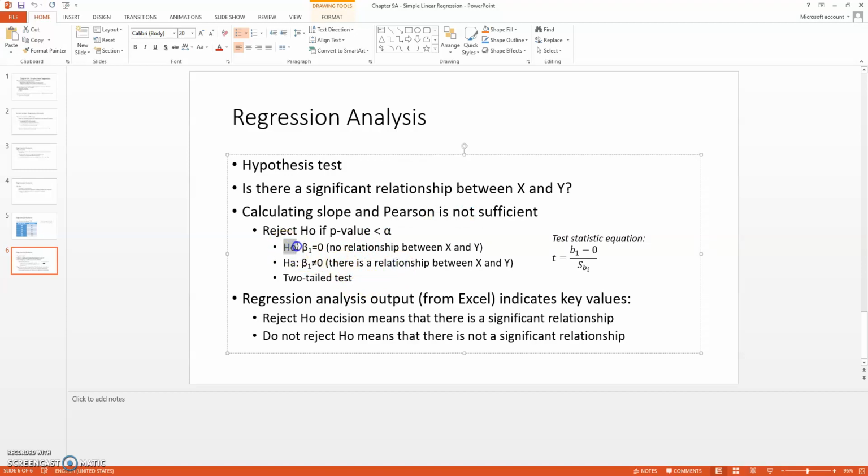The null hypothesis is that there is no relationship, so the slope of the population equals 0. We test to see if there is a relationship, if the slope does equal something other than 0. In an F-test, we always take the values given to us, so we don't have to worry about if it's a one-tailed or two-tailed test.